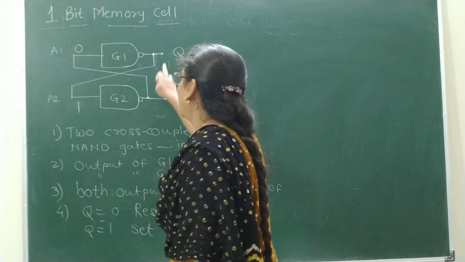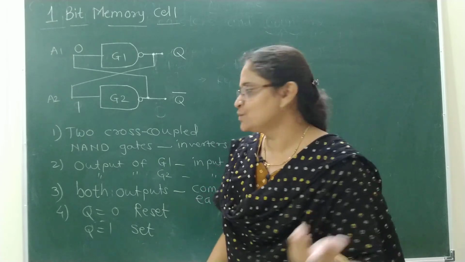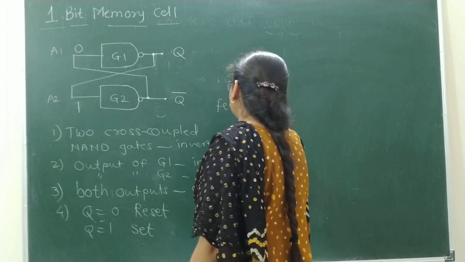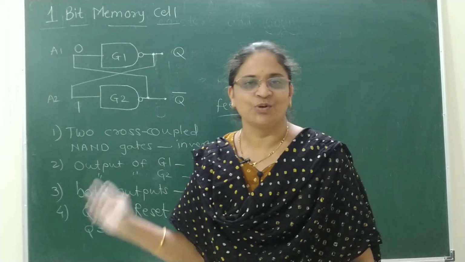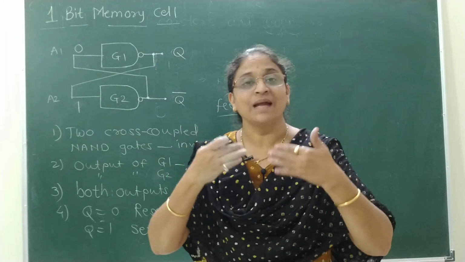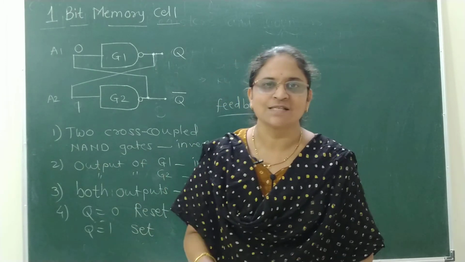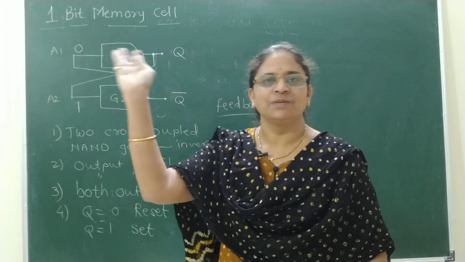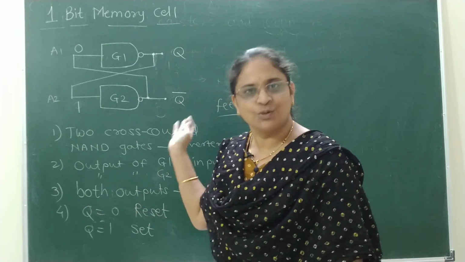Here the output of one gate becomes the input of the second, so that is using the concept of feedback. Correct? But we can't apply external input to this circuit. We have to make an assumption. Suppose Q is 0, then it is given as input to G2, then it becomes 1, then the input of G1 becomes 1, so it appears in inverted form as 0 at the Q output.